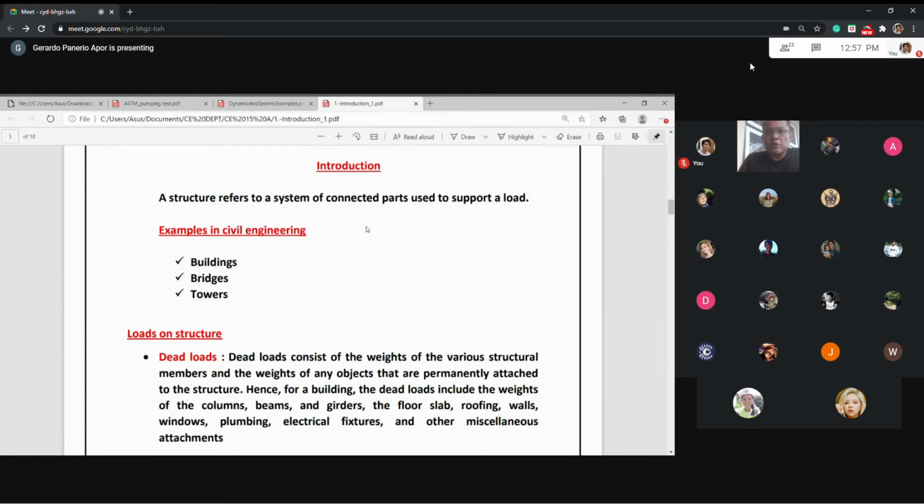Because the definition of a column is a member subjected to compressive force, no? You will see that the vertical ones are subjected to compression, but not only compression, they can also carry flexure. Aside from columns, there is also the beam. A beam can be distinguished from a column because beams are mostly horizontally oriented members.